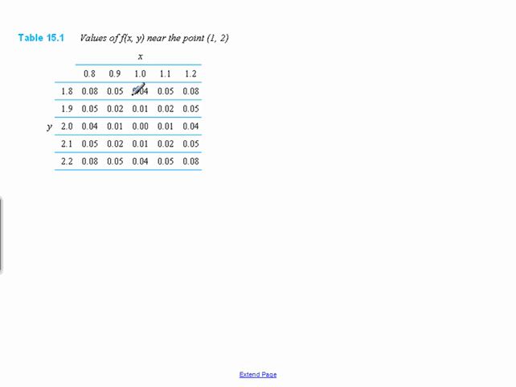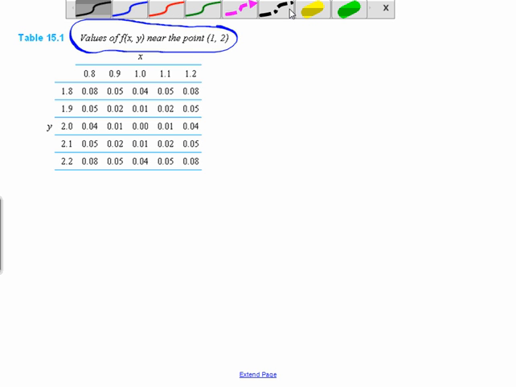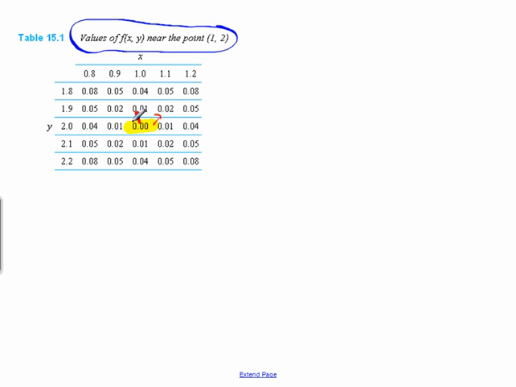Well, let's look at a table of values to start thinking about local extrema. So if we're near the point 1 comma 2, so that's right here, what we notice is that in any direction that we go, increasing x or y or both, no matter which direction we go, our z value increases.